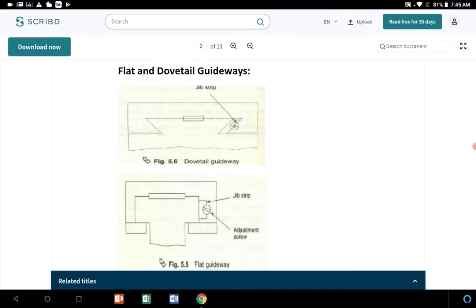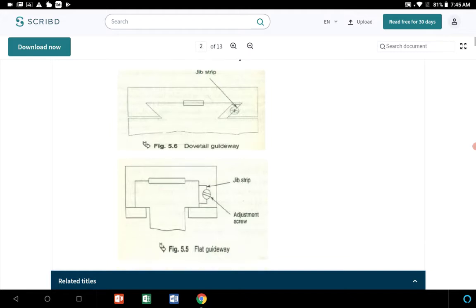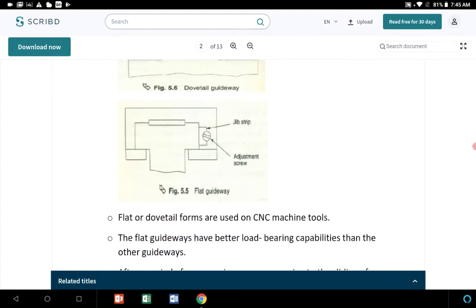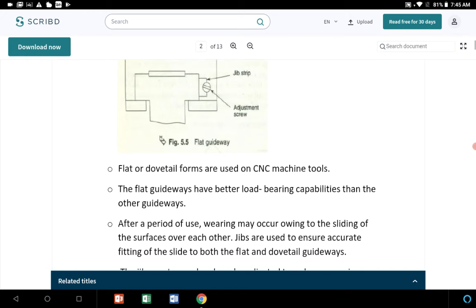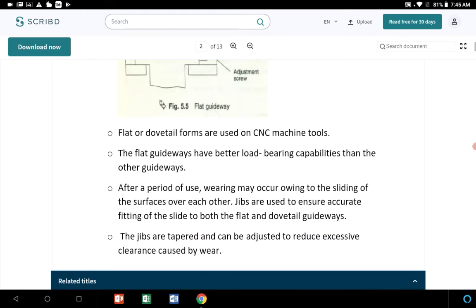In the dovetail, the upper and lower slides or members are shaped so as to set perfectly one upon the other, and they are prevented or tightened by the screw so as to avoid the vibration and all. So these are also used on the CNC machine tools, dovetail.